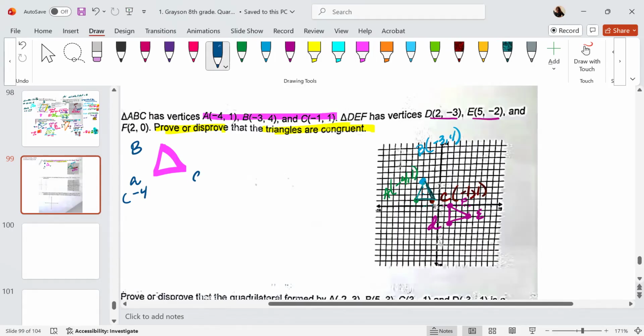A is -4, 1. The reason I'm rewriting this is I can't see it on that grid. That grid's really hard to see. B is -3, 4. And C is -1, 1, correct? Yes?